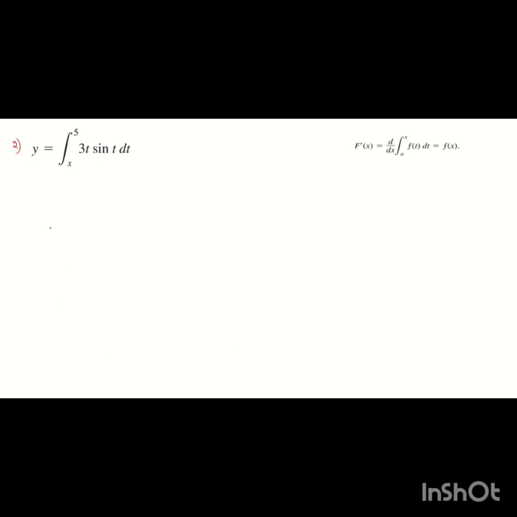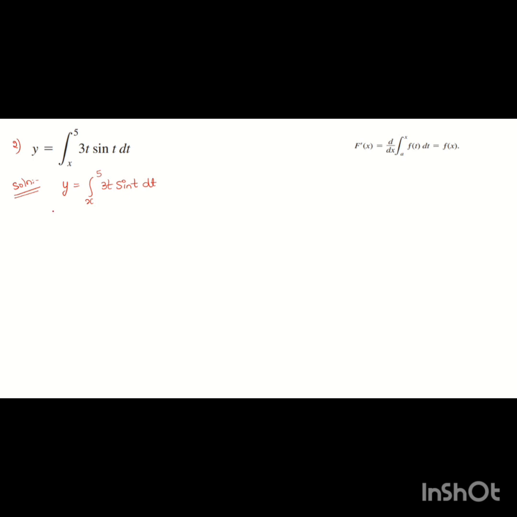Example 2. If y is equal to the integral from x to 5 of 3t sin t dt, we are asked to find dy/dx. So we have y is equal to the integral from x to 5 of 3t sin t dt.